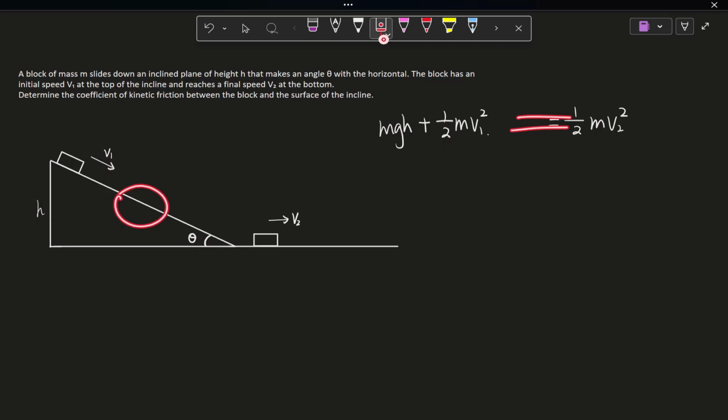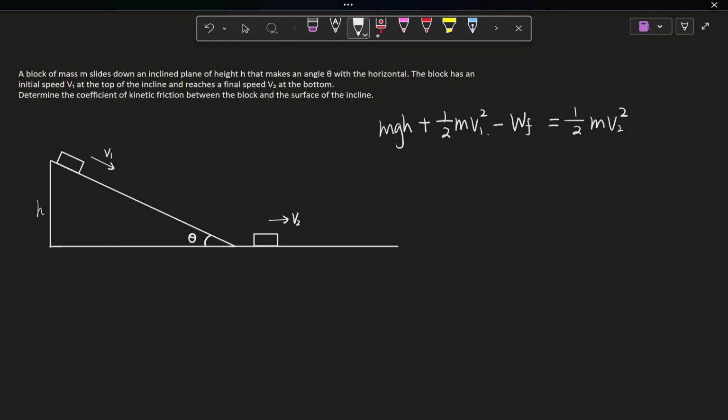However, now the friction exists, so the friction will do work, right? And it will actually cancel out some of the energy during the entire process. So over here, we should write minus work done by the friction force.